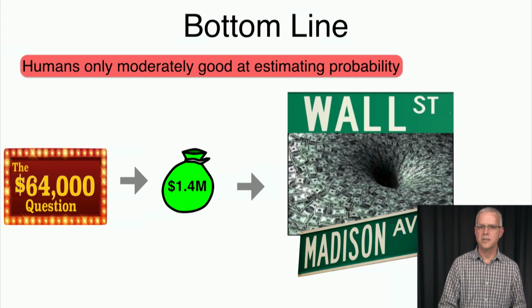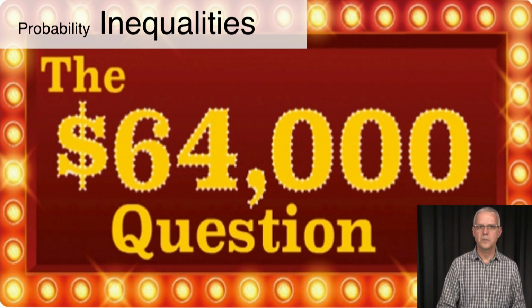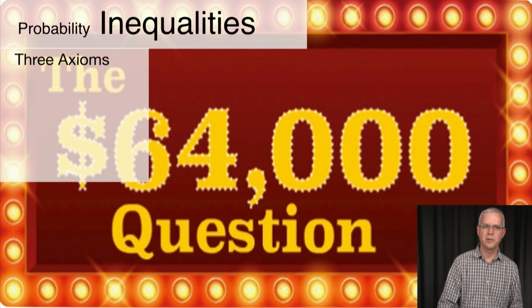If you look at Madison Avenue or Wall Street, they make much more out of being able to evaluate probabilities better than humans do, and being able to see where humans don't judge probabilities exactly right and take advantage of it.